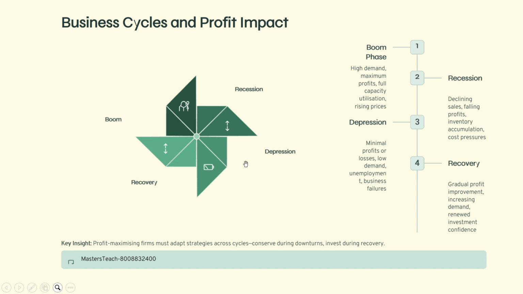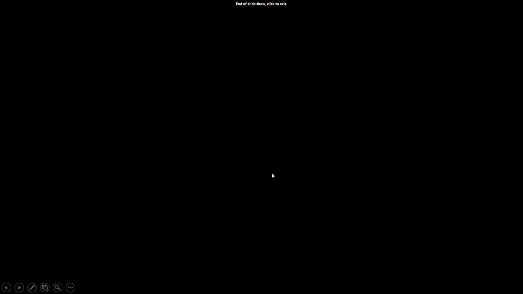Then depression: minimum profits or losses, low demand, unemployment, business failure. Then recovery: slowly recovering, smaller profits, increasing demand, renewed investment and confidence. These are the business cycle and profit impact. Just remember this, it will yield good marks.